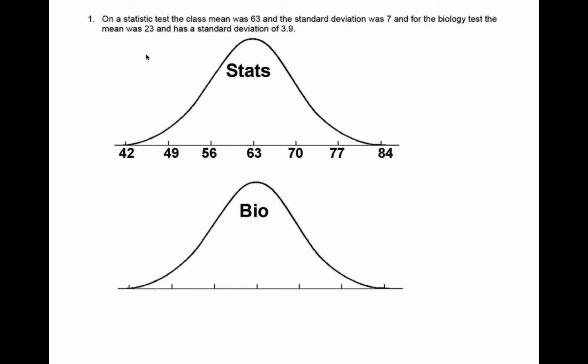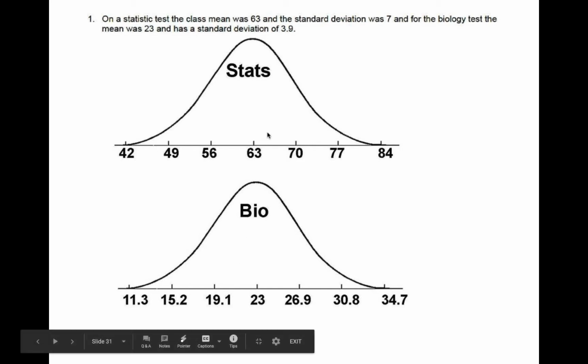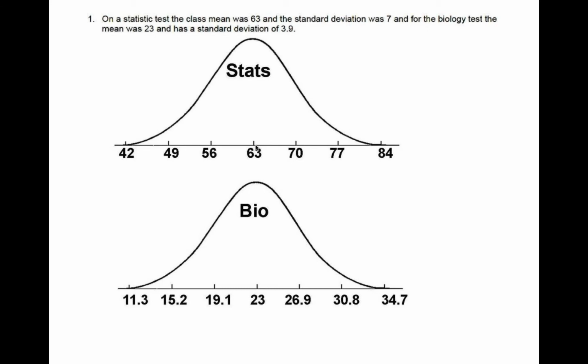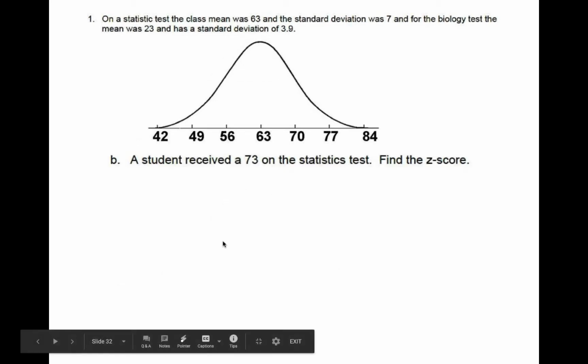For biology, the mean was 23, and then we're going to be adding 3.9 and subtracting 3.9. So notice totally different scores, but it's following the normal curve, where you have some that score above the mean, some that score below the mean for both classes.